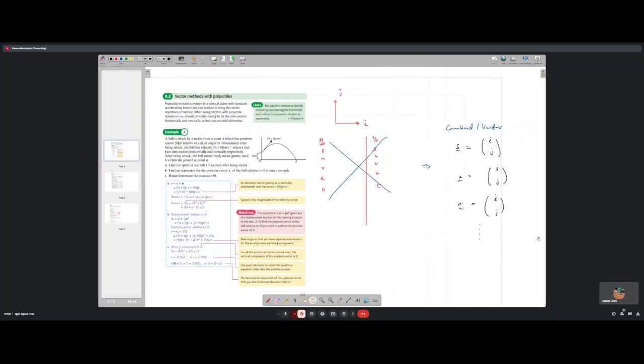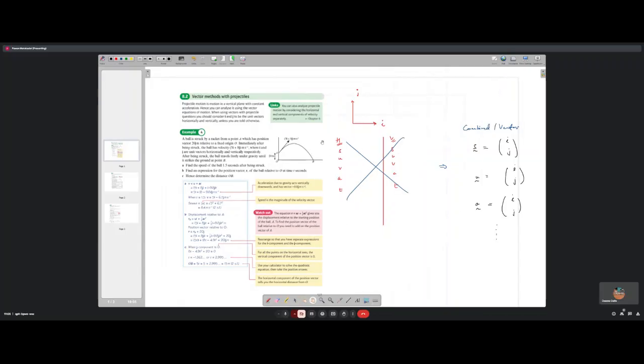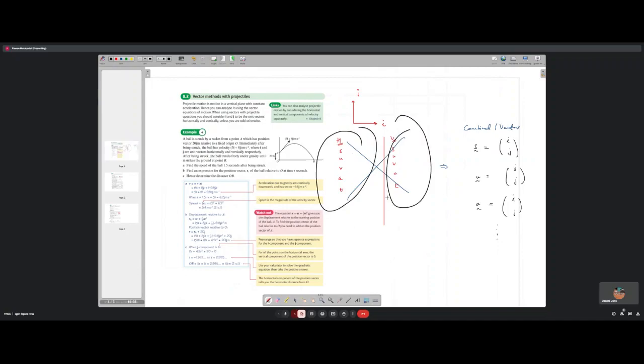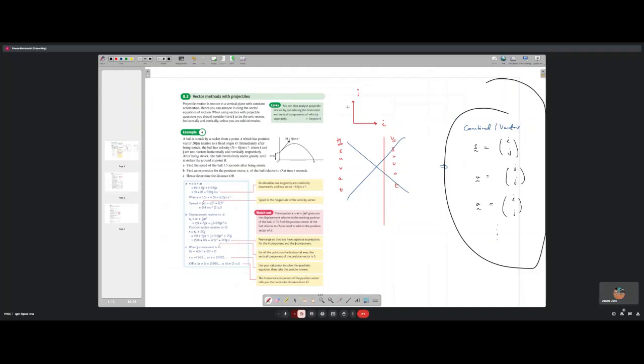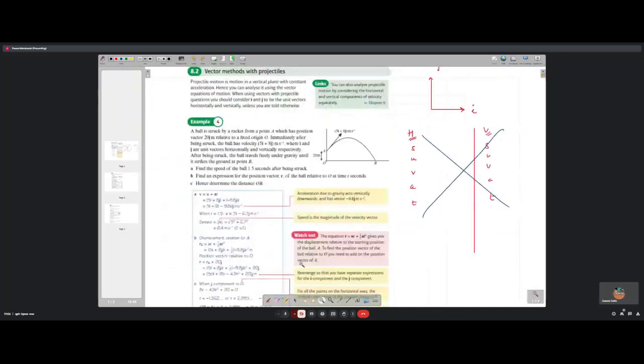But if you separate everything, then you develop a good intuition of, okay, this is what I need to remember about horizontal variables, this is what I need to remember about vertical variables. This provides a decoupled way of doing it. But when you get very comfortable doing this, then you can move to using vectors, which is highly advised. But when you're first learning about projectiles, I don't recommend it.